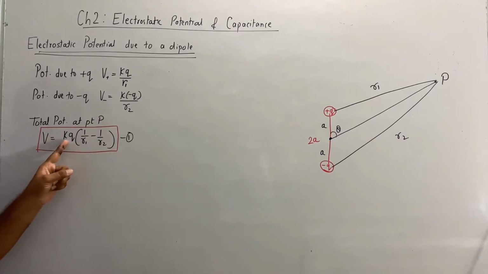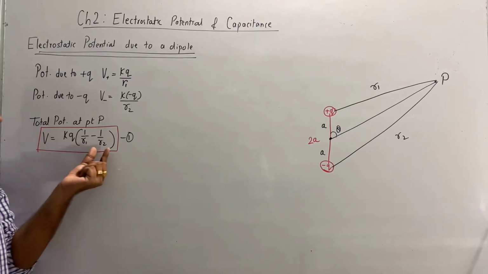Now what we will do is find out the value of 1 by R1 and 1 by R2.